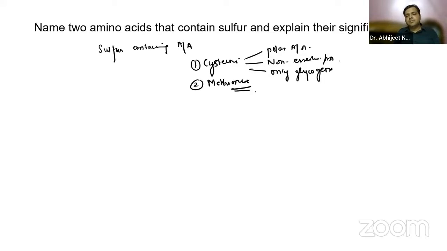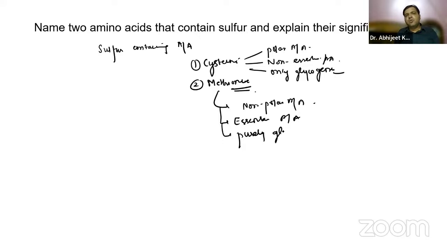Methionine is a non-polar amino acid. It is an essential amino acid and it is purely glycogenic. We know all these points from the starting of our lecture.